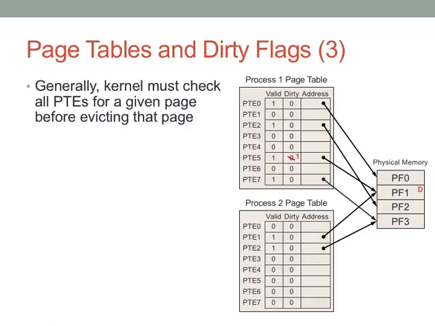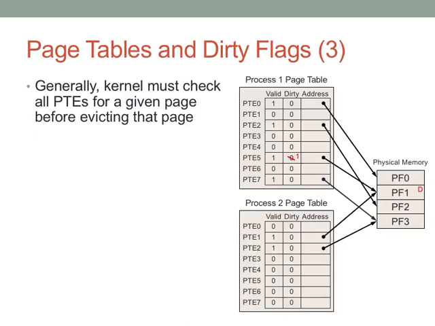When I'm going to evict a page out of a frame, then I basically need to look at all the processes that might be using that frame. And the reason why is because I need to look at all the page table entries. Do any of them have this marked dirty? If any of them have it marked dirty, then I need to write this page back to the backing store, back to its file from which it's from, before I can go ahead and reclaim that frame.